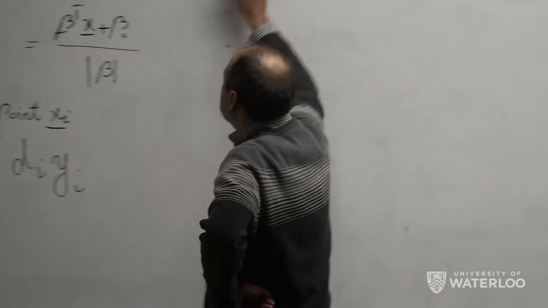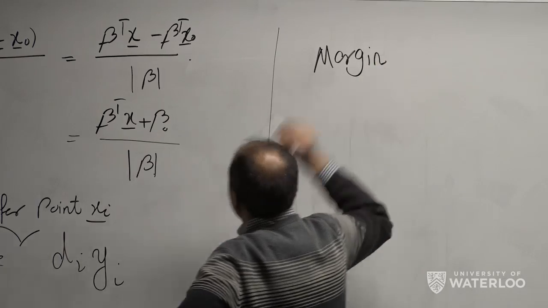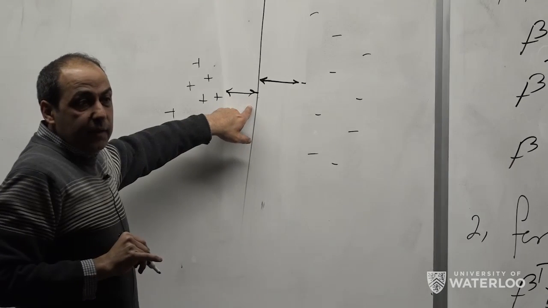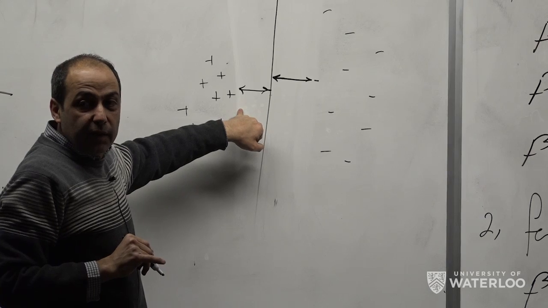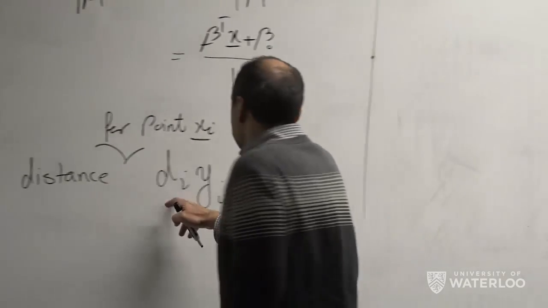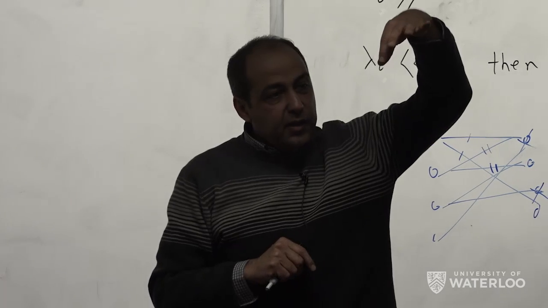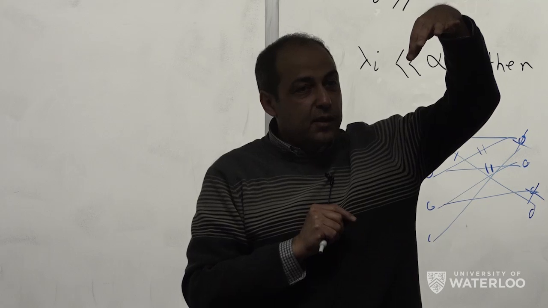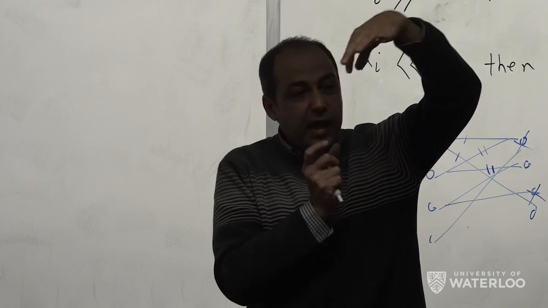Now, what is margin? Margin is the distance of the hyperplane to the closest point, right? The distance of points to the hyperplane is di yi. Among all di yi, which are the distances of all points to the hyperplane, the one which has the minimum value would be my margin.